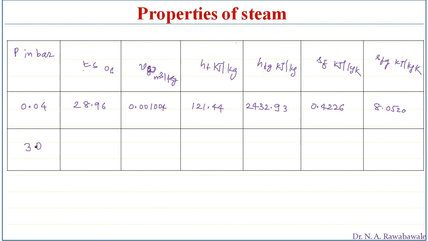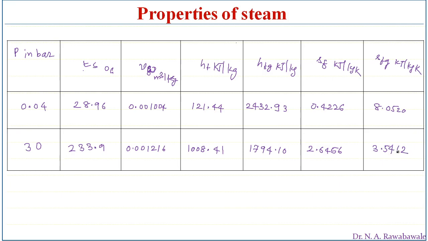Saturation temperature is 233.9 and VF is 0.001216, HF is 1008.41, then HFG is 1794.10, SF is 2.6456, SFG is 3.5412. So these values are taken from the steam table.